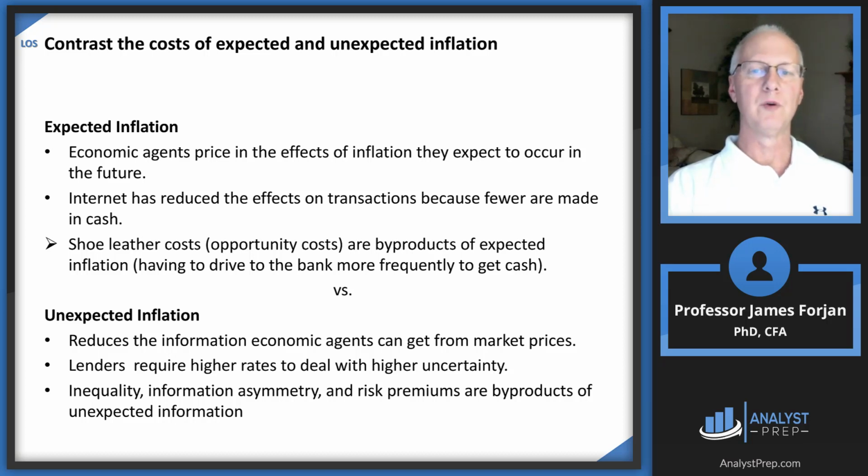Some people call them shoe leather costs because we have to drive to the bank more frequently to get cash if we're expecting prices to rise in the future. Now, of course, this is an old-time cost because, who really goes to the bank anymore? Clearly, being able to shop on Amazon reduces our need for cash. And so there are fewer cash transactions because of the internet.